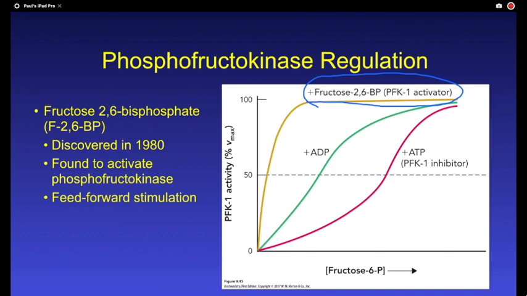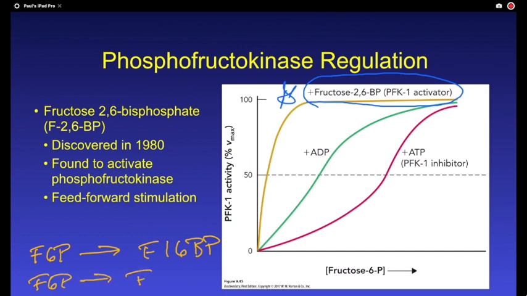Because the enzyme that we're controlling right now is fructose 6-phosphate to fructose 1,6-bisphosphate. That's the enzyme that we are regulating. To make this molecule right here, we're going to take fructose 6-phosphate and make fructose 2,6-bisphosphate. Those reactions look really similar, don't they? Right? We add a phosphate to it.